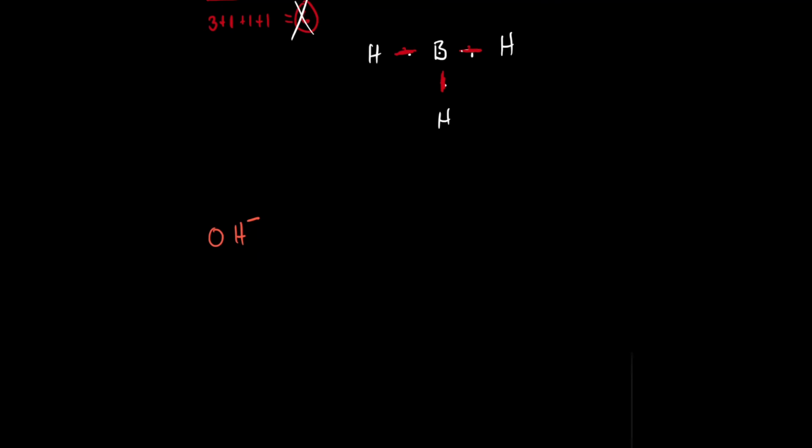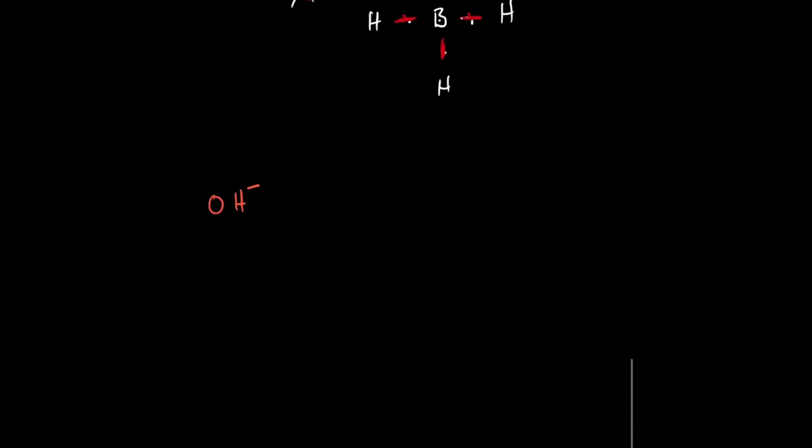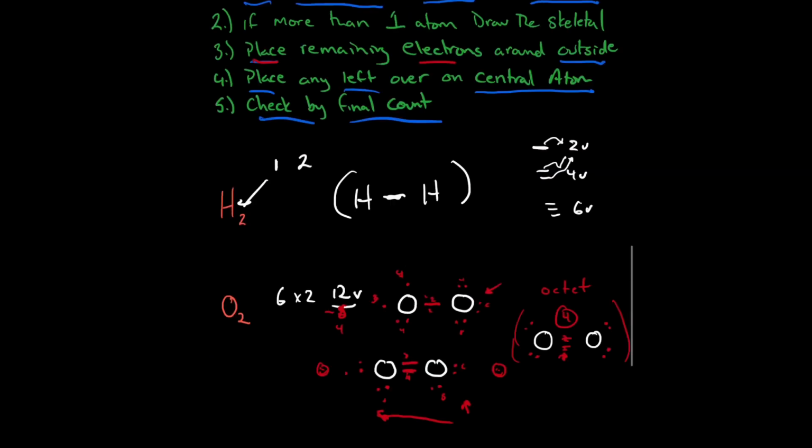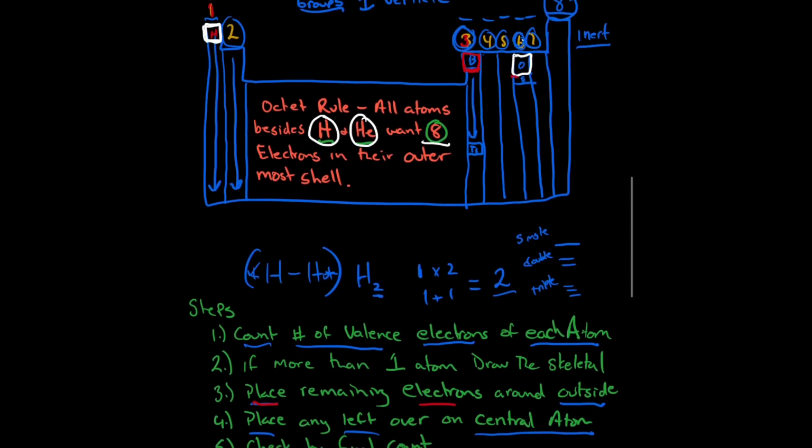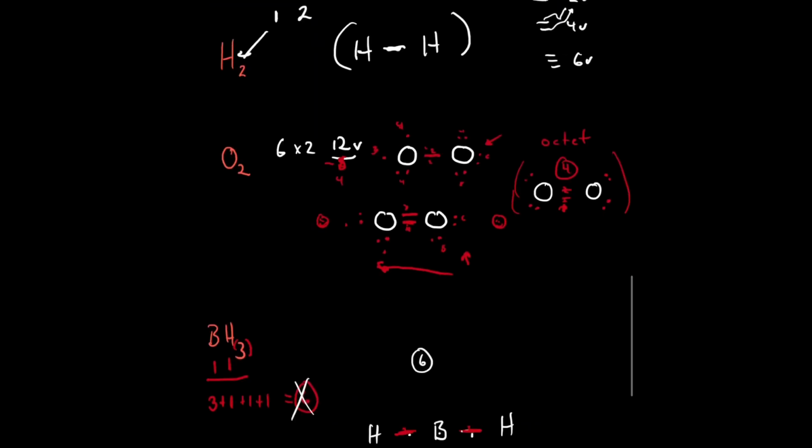Let's do this last one, and then I gotta go to lunch duty, or your mom's gonna be mad at me. So OH minus. You probably know that this minus means it has 1 more electron than it would have if it was neutral. The negative means the electrons are more than neutral. Looking at our periodic table, oxygen is in group 6, so it's got 6 valence electrons.